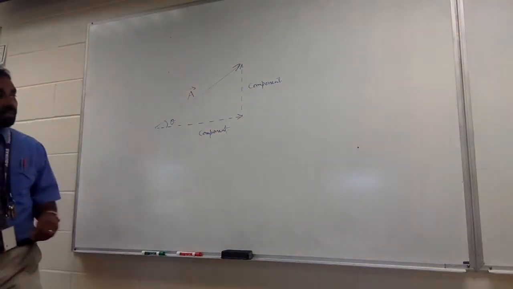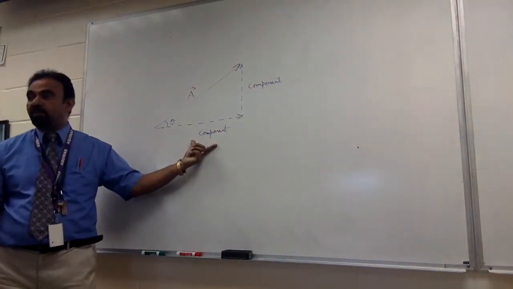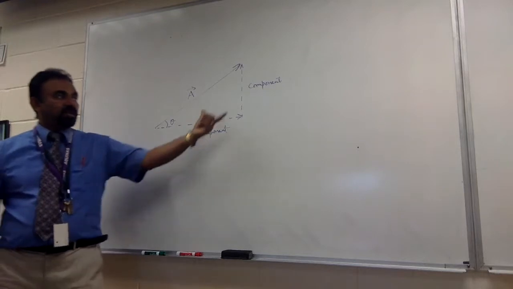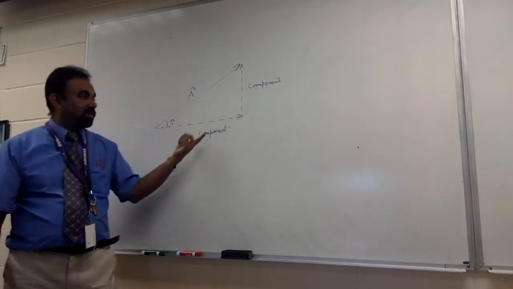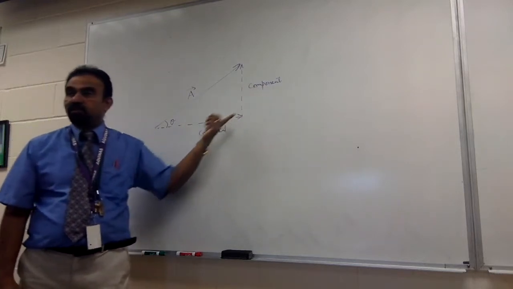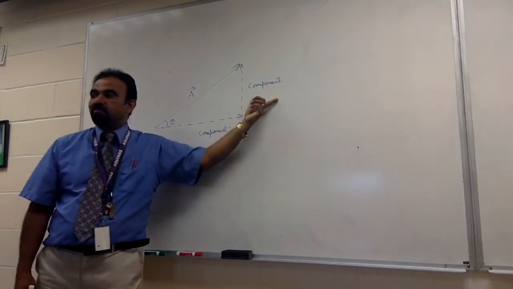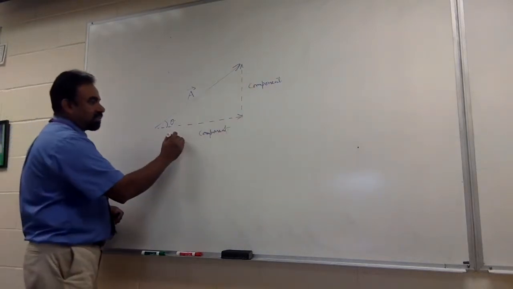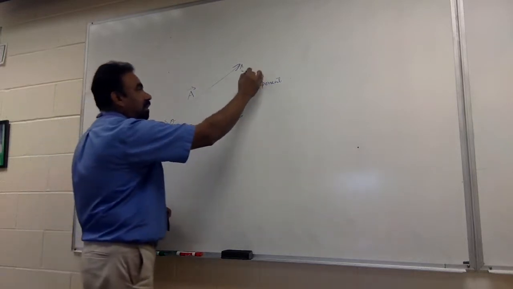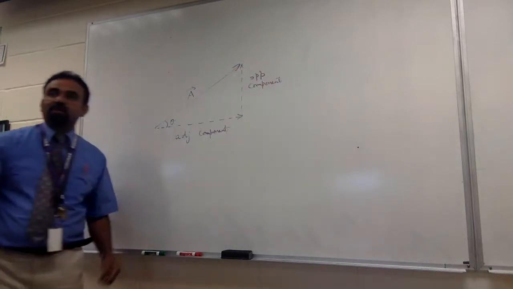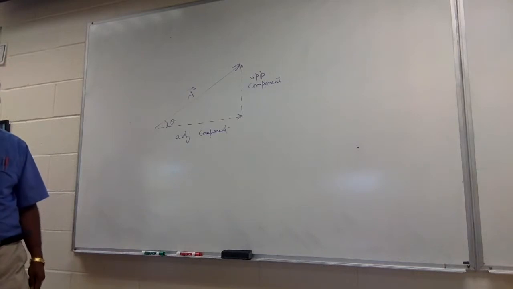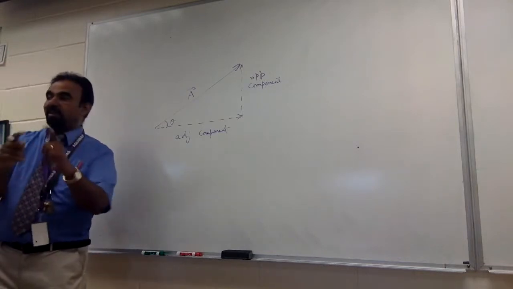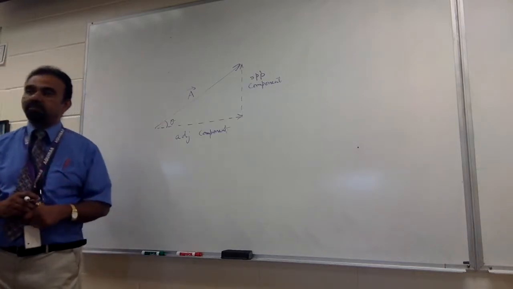Alright, so the components can be called by different names: adjacent component, opposite component, x component, y component, horizontal component, vertical component. You can call it anything. So this is the adjacent component and this is the opposite component. I prefer to call it that way because that will connect you mathematically to the right equation.